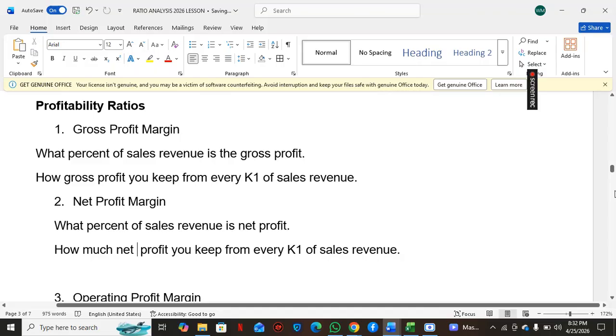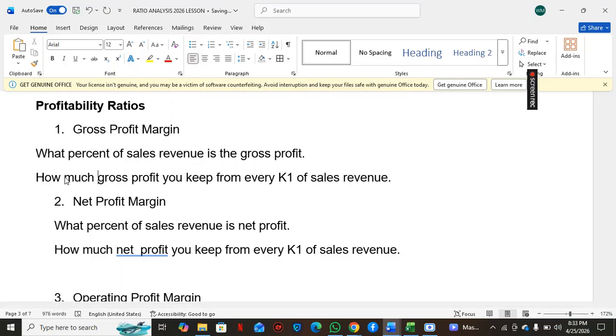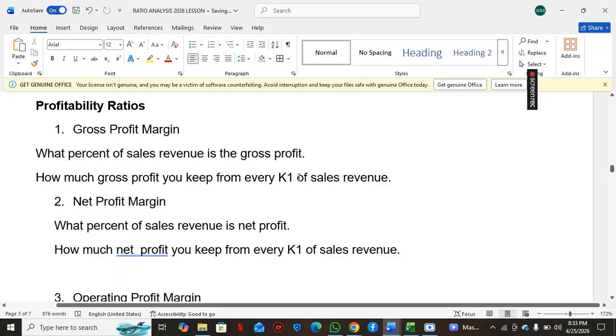Okay. Let me just then run you through. Lucky enough, I realized when I started net profit margin, so I didn't really go far. So I was saying what we tabulated earlier on the gross profit margin, which tells us what percent of the sales revenue is your gross profit, or how much gross profit you keep from every 1 kwacha of sales revenue, or every 100 kwacha, or every 1,000 kwacha.